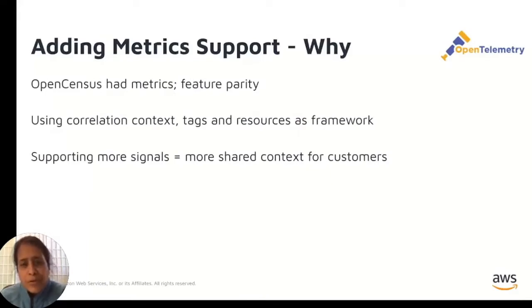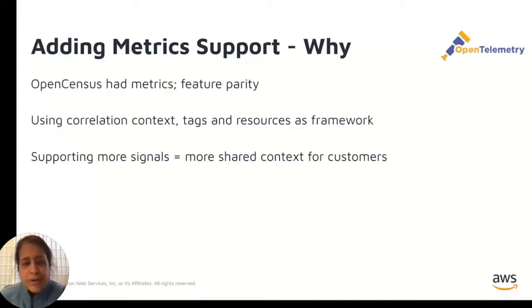As many of you know, OpenTelemetry is the result of two very popular open source projects combining together. OpenCensus, which was created and initially founded by Google and had a lot of metrics support built in, was one of the projects, and OpenTracing, that was created by Uber and other members, was the other project that was combined to become OpenTelemetry.